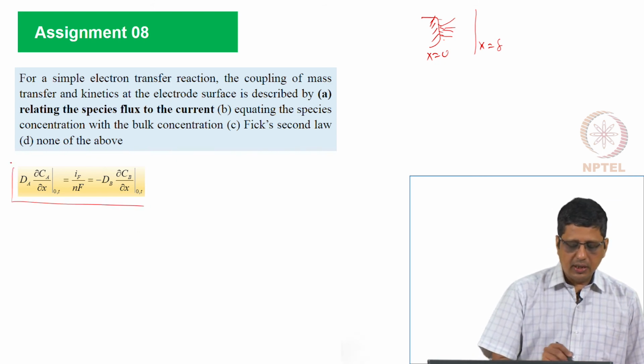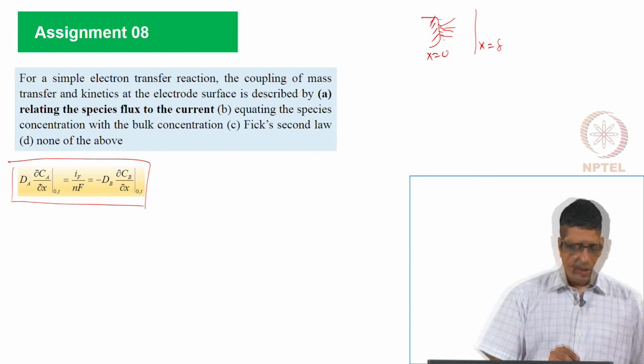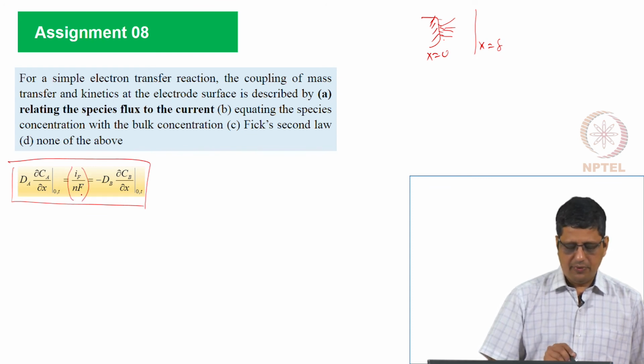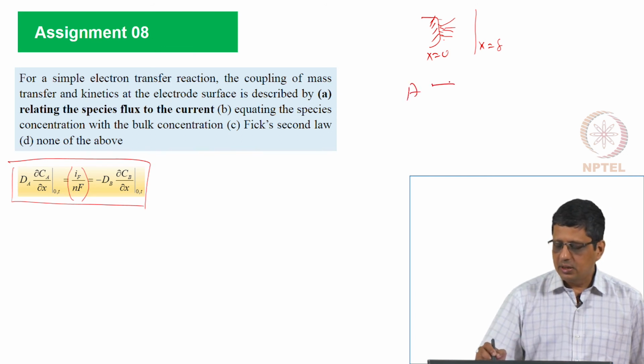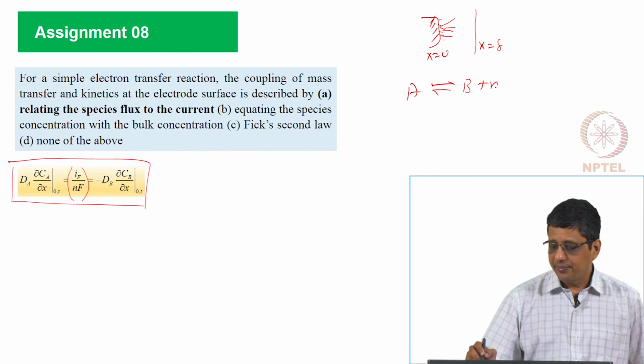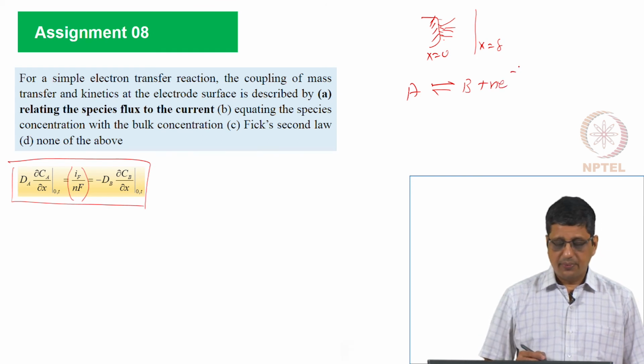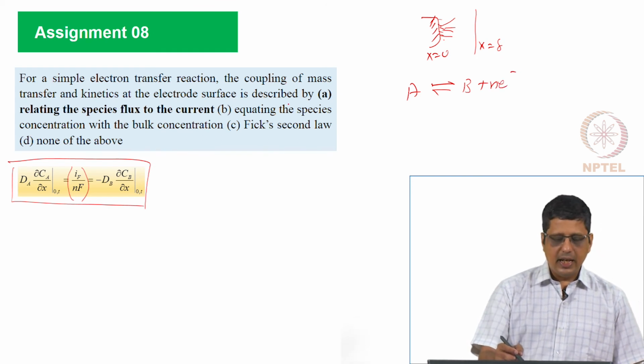The boundary condition at x equal to 0 is actually the flux which is given by dA dou Ca by dou x, and that is going to be equal to Faraday current divided by F divided by N, where N is the number of electrons involved in this reaction. So, we have to select A.